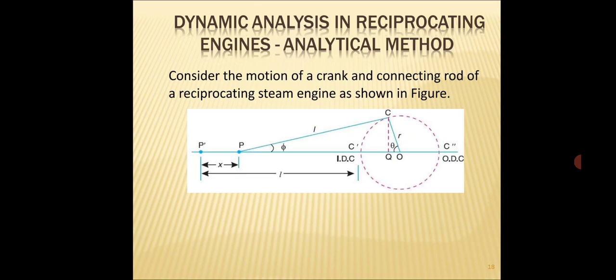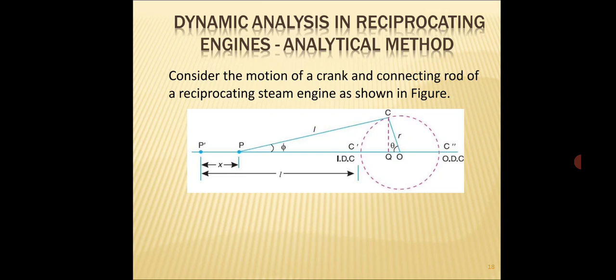When the crank rotates with an angular velocity of omega radians per second, the crank turns through an angle theta from the inner dead center. IDC means inner dead center, and on the right side is ODC, outer dead center. The inner side of the circle is called inner dead center, and the outer side is called outer dead center.